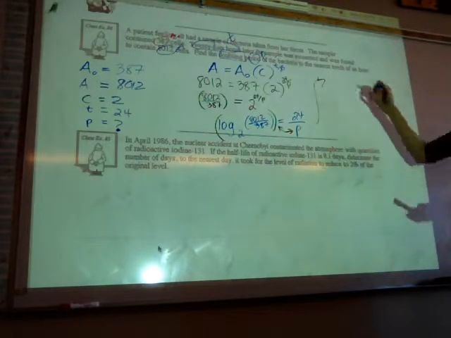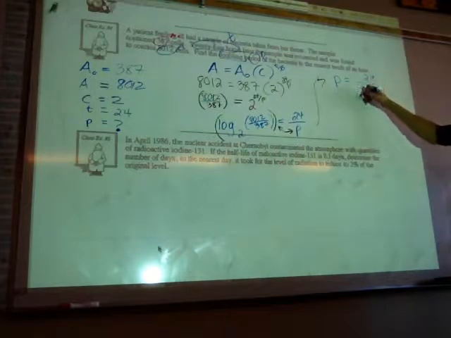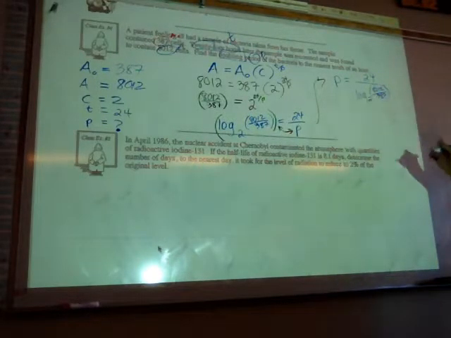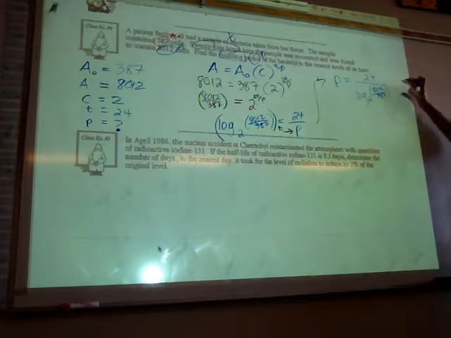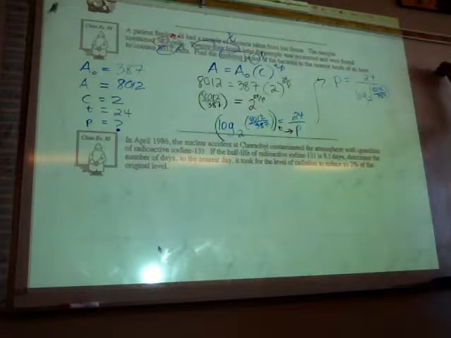So we get P equals 24 divided by logarithm 8,012 divided by 387 with a base of 2. Can we change the base to base 10? You guys remember this? So we can change it to log of 8,012 divided by 387, divided by log 2.